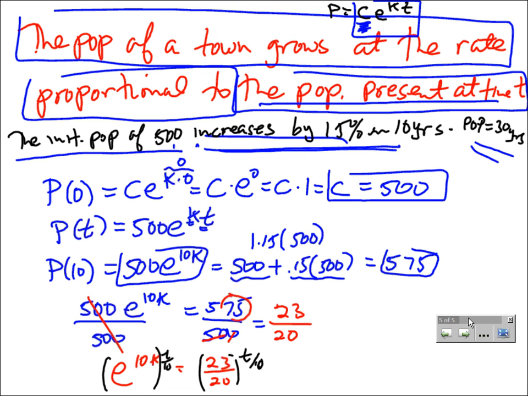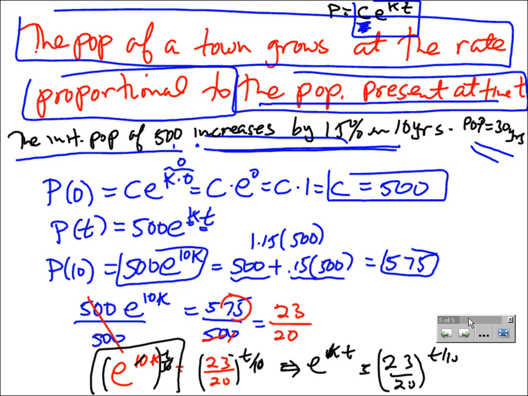T over 10. What this gives me, well here, the 10s cancel. I just get e to the kt. On the right side, I get 23 over 20 to the t over 10.